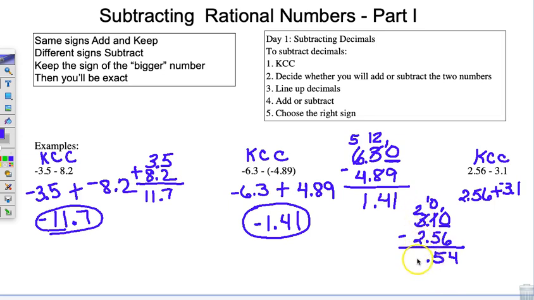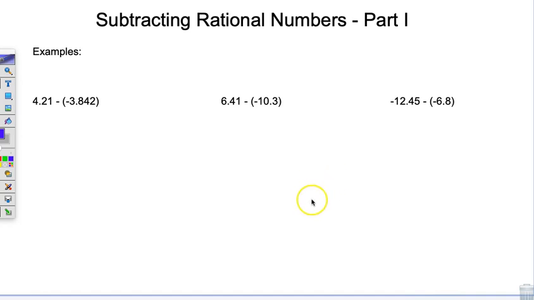And 2 subtract 2 is 0. Because that 3.1 is larger than my 2.56, it means that I have to carry the sign of that larger absolute value. So this is going to remain a negative 54 hundredths. Don't forget that decimal should be right there. Okay, let's move on to a few more examples then.